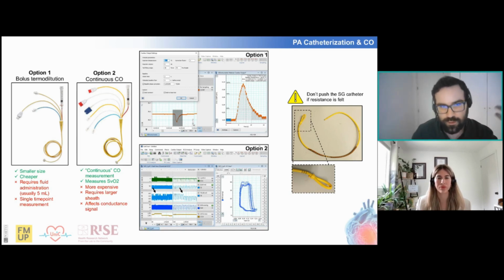But what we saw when we did it for the first time was that there was no interference between the two ventricles. So if you turn one off and then leave the other one on, the loop is exactly the same as when both of them are on. So only when you use another piece of equipment or catheter that's also creating an electrical current, then you have interference, but not with the ventricles themselves.